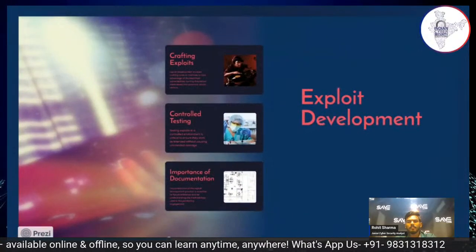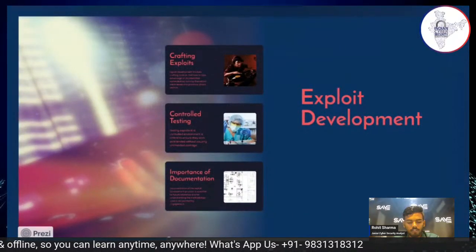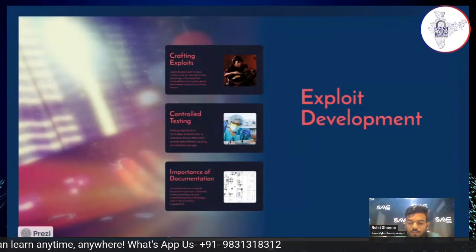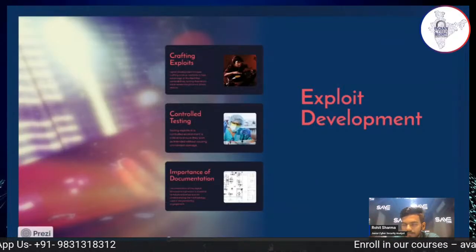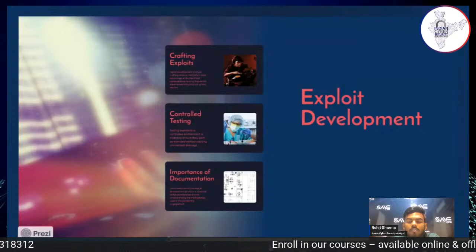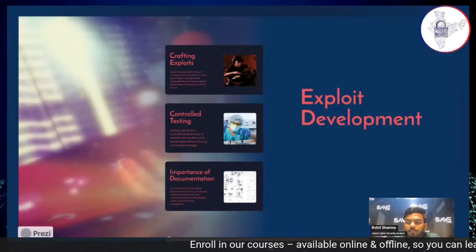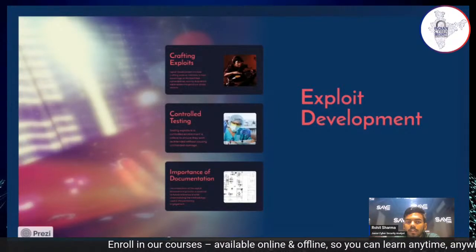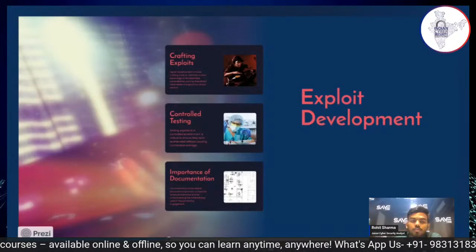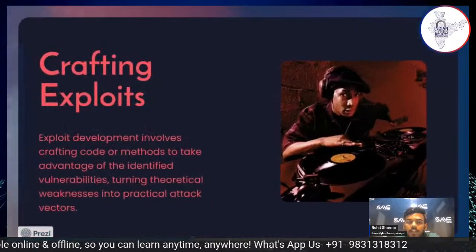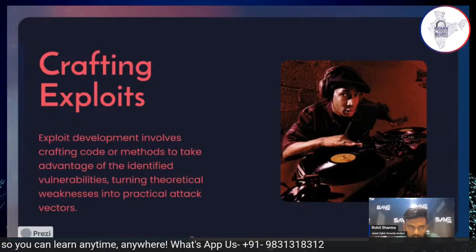So, exploit development. How will we exploit it? The basic question: if there is any outdated system on the victim machine, how will we exploit that vulnerability? So we need to craft exploits. We need to check where the exploit is present on Google.